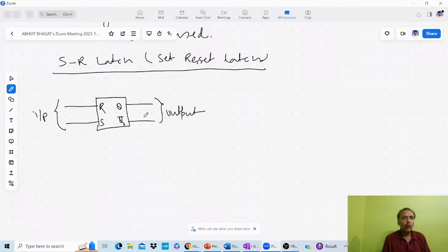Q and Q bar are complements of each other: one is 0, the other is 1. If Q is 0, Q bar is 1, and if Q is 1, Q bar is 0. This type of output you will get. So this is the block diagram of the SR latch.